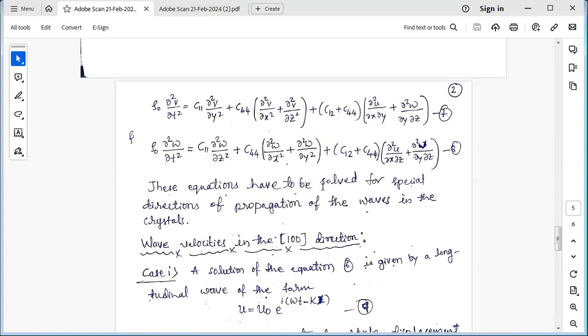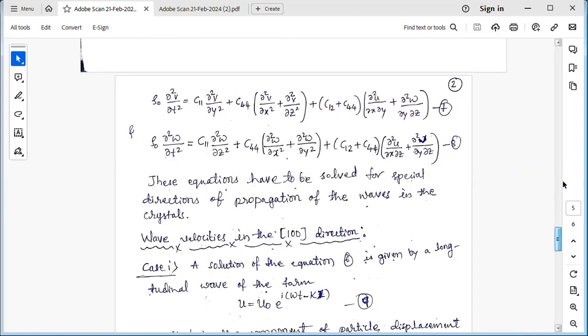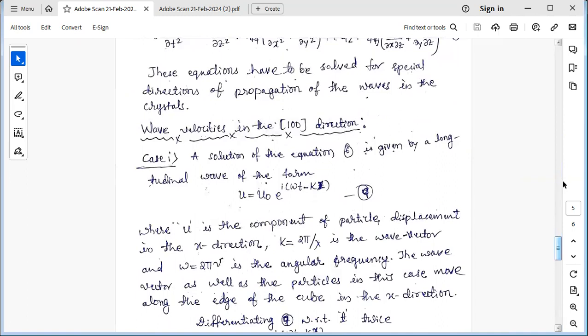So these equations have to be solved for the spatial direction of the propagation of the waves in the crystals. Now we'll see the wave velocities in the 100 direction. What is this 100 direction? Just I will show you.